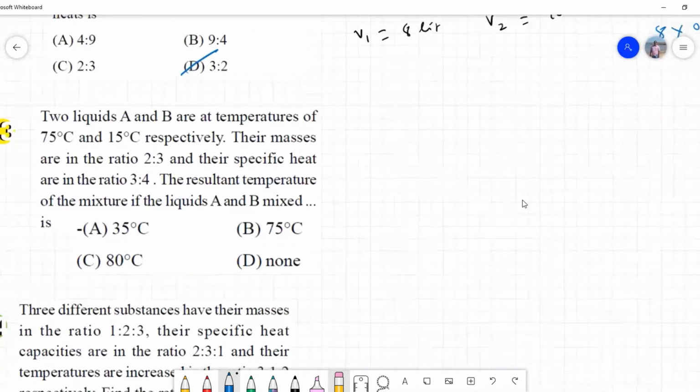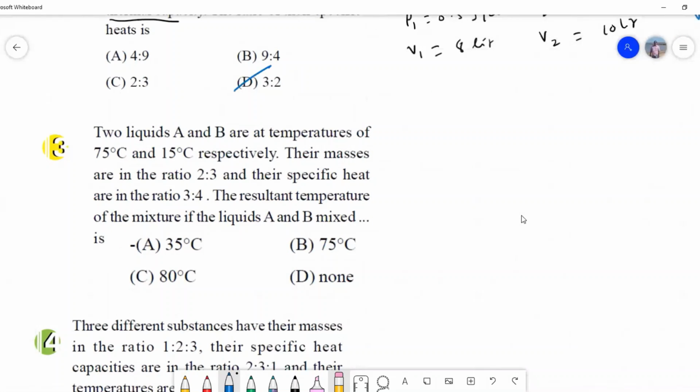Now let's move on to problem number 3. Here this is another important model. Two liquids A and B are at temperatures T1 and T2. Again, take liquid A and liquid B. The temperature of liquid A is given as 75 degrees centigrade and that of B is given as 15 degrees centigrade.